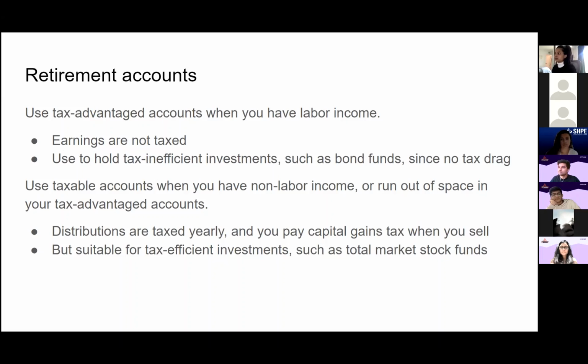But a characteristic of these accounts is that you have to have labor income. So if you want to be able to put $1,000 in your Roth IRA, when you do your taxes, you have to show that you actually had $1,000 of actual labor income.